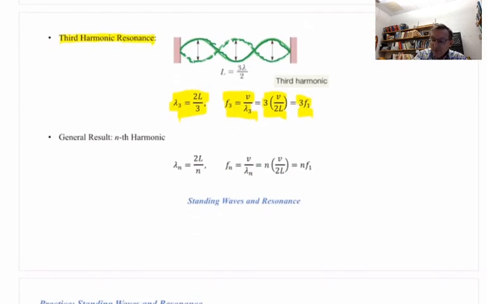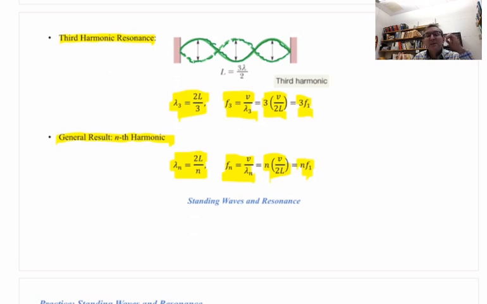Let's write down the general result for what is called the nth harmonic, because this goes on forever, technically. The wavelength of the nth harmonic, lambda sub n, is 2L over n. As you go up in integer steps with n, the wavelength gets smaller. But the frequency of the nth harmonic, f sub n, which is v over lambda n, is n times v over 2L.